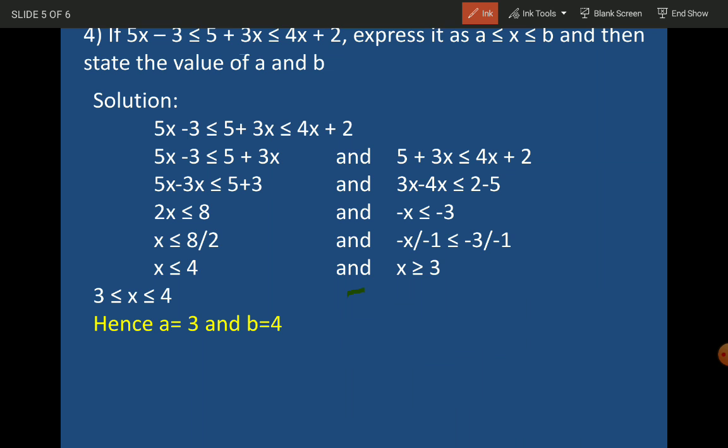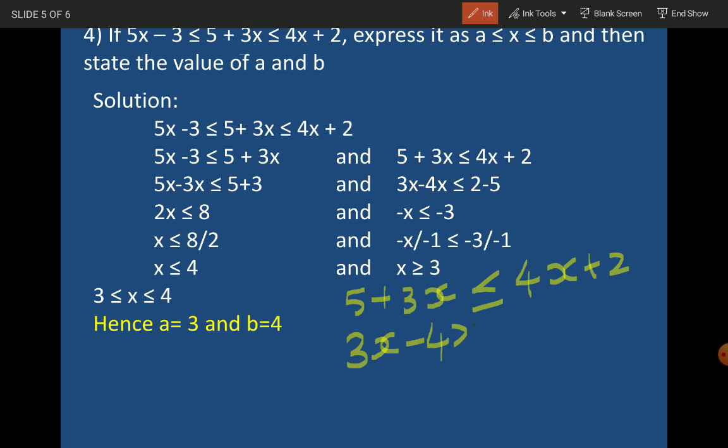The other section is 5 plus 3x less than or equal to 4x plus 2. Interchanging, the 3x, that is plus 4x, is changed as minus 4x less than or equal to 2 minus 5, the plus 5 changes to minus 5.